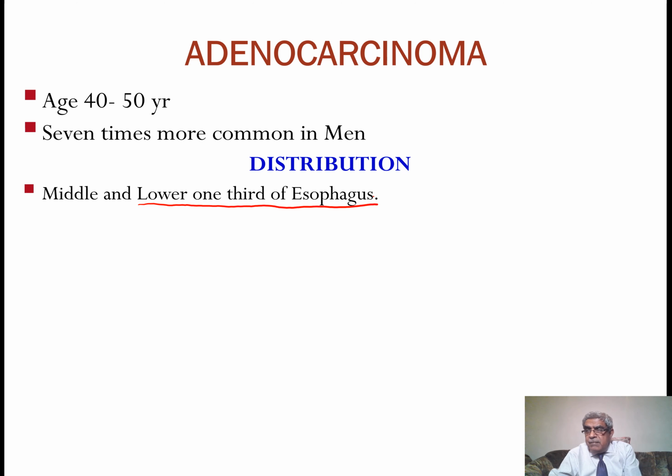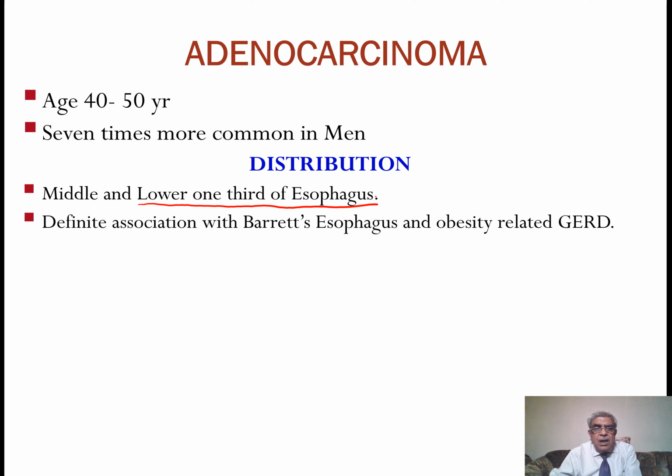And what is Barrett's esophagus? Barrett's esophagus is metaplasia of the normal squamous epithelium of the esophagus by the intestinal type of columnar epithelium containing goblet cells. This is Barrett's esophagus. These things should be on your fingertips.